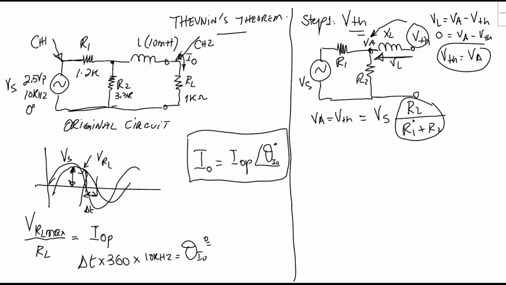And since this constant is composed of resistors, there will be no phase shift created between the input Vs and Va or Vth. The only difference between Vs and Vth is the amplitude. Vs, of course, in terms of amplitude or max, will be bigger than V across this load or Vth itself, since there will be a voltage drop across this R1.